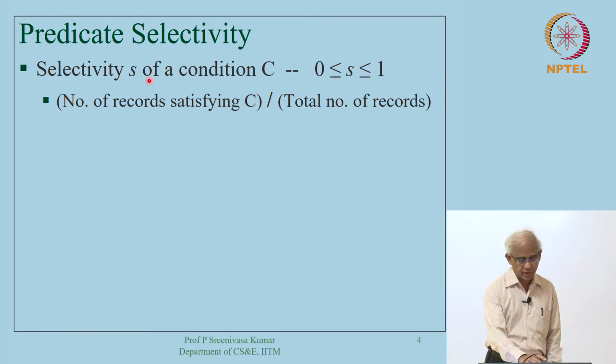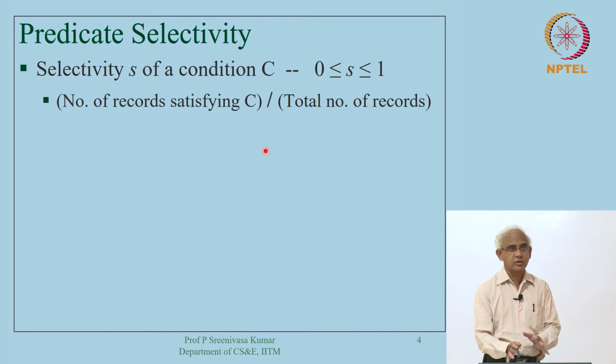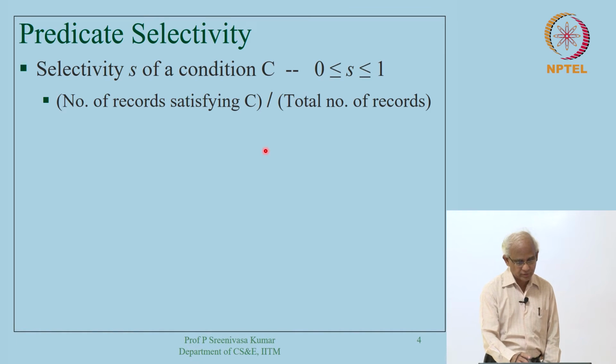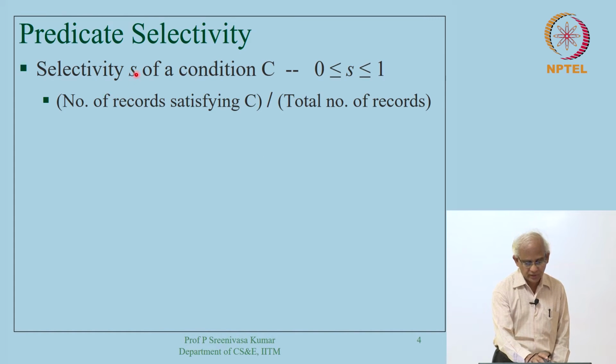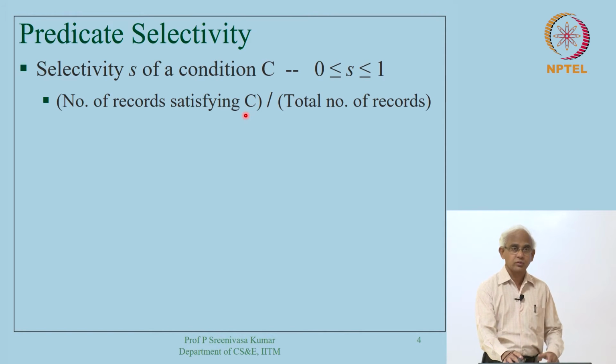In case there are indexes on multiple attributes, you can choose the attribute that is highly selective, retrieve the records that satisfy that, and then make use of that set of records. Let me tell you what selectivity is. Selectivity is basically the number of records that satisfy that particular condition divided by the total number of records that are present. That is what we call the selectivity.